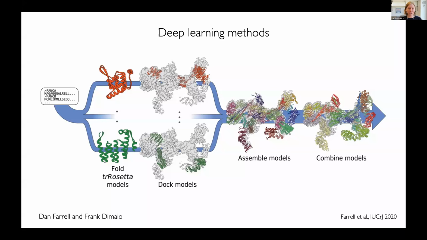So in total, Dan used 42 different deep learning guided models for the FA core complex subunits and docked these into the cryo-EM density in a way that was maximally consistent with the experimental data. So ultimately, this allowed him to place almost 5,200 residues, which is now over 80% of the complex.